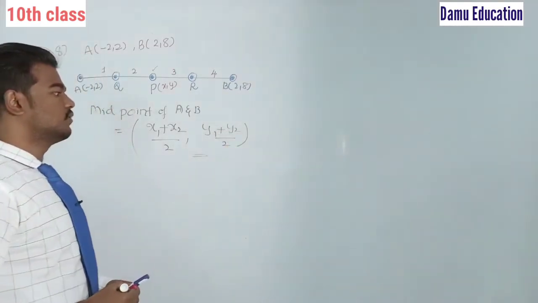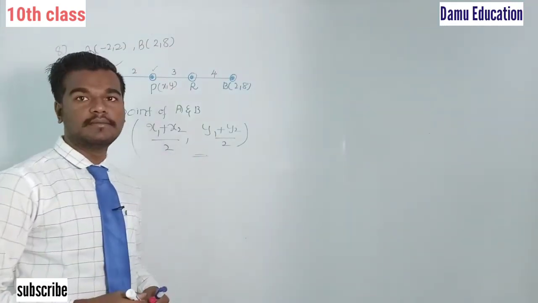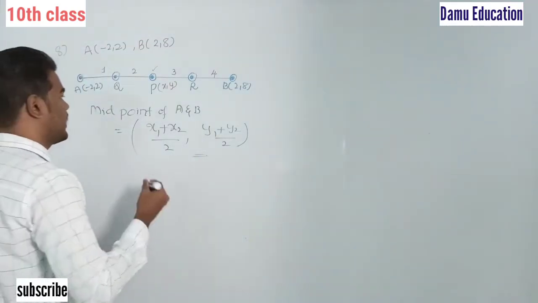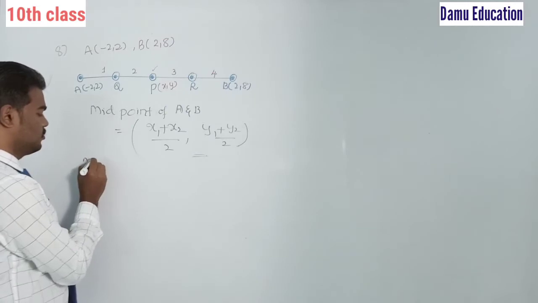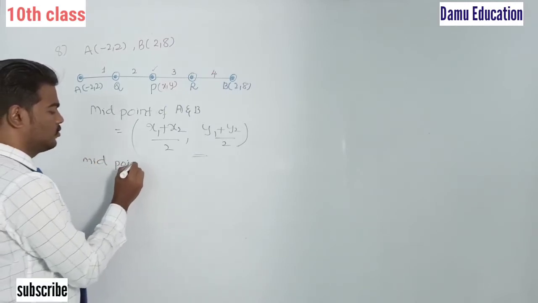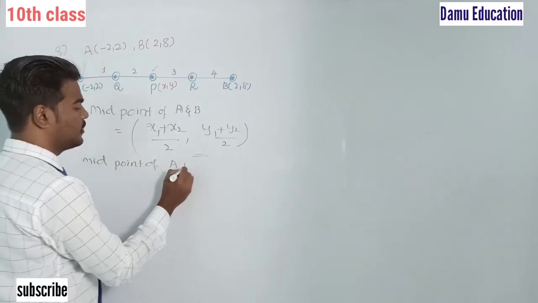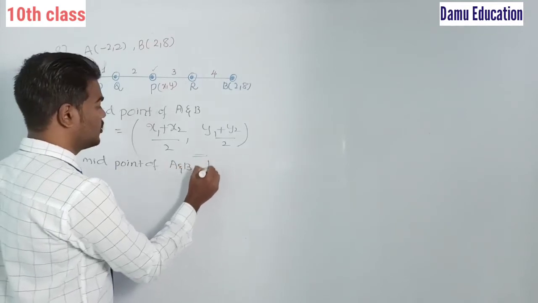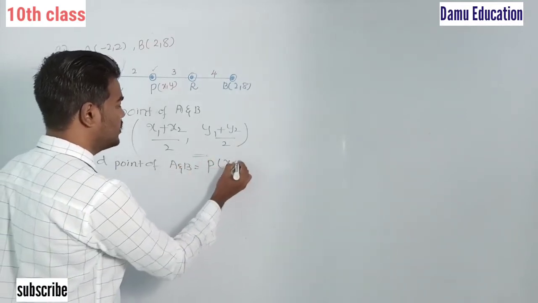So this is our formula for calculating the point. So what is the midpoint of A and B here actually? The midpoint of A and B will be equal to P of x comma y.